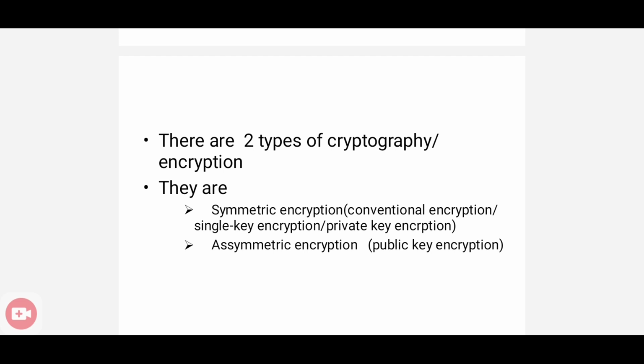Asymmetric encryption is known as public key encryption. So what are the types of cryptography? There are two types: one is symmetric cryptography or symmetric encryption, and the other one is asymmetric encryption.